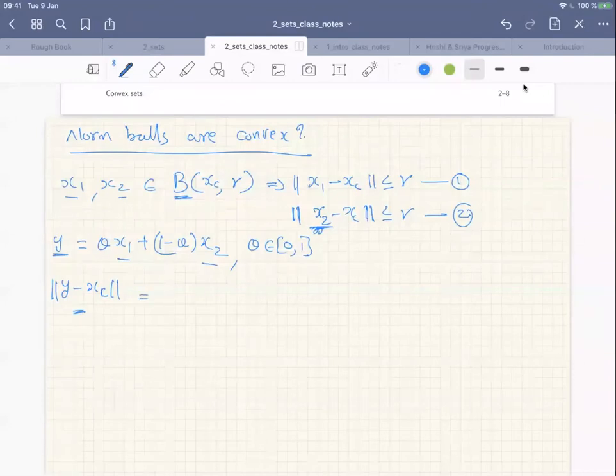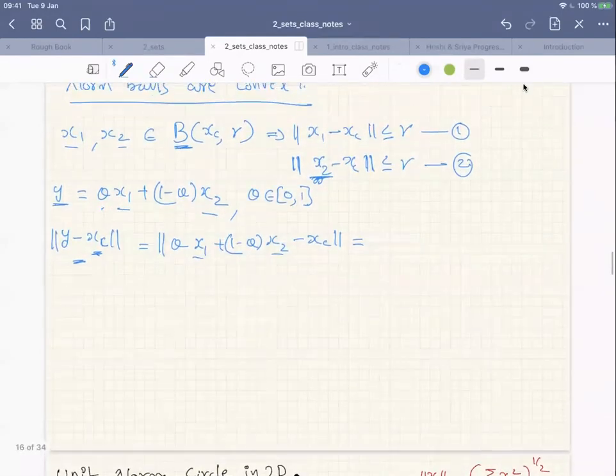This is equal to the norm of theta x1 plus 1 minus theta x2, minus xc. Now you can rewrite this as theta into x1 minus xc plus 1 minus theta into x2 minus xc.